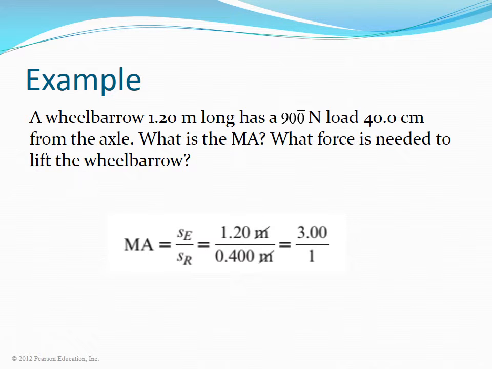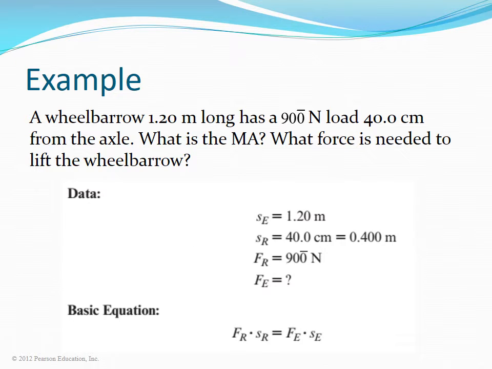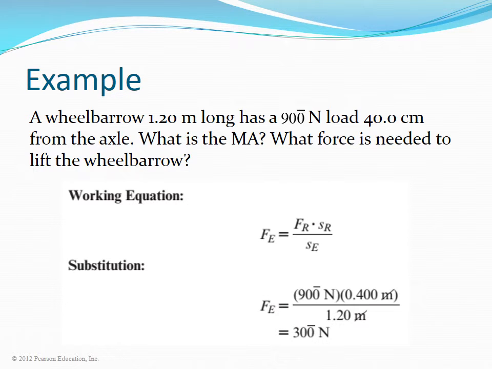The mechanical advantage is the effort arm divided by the resistance arm, which works out to be 3.00. Writing down what we know and the basic equation, we solve the basic equation to form the working equation, looking for the effort force. Substituting what we know gives an effort force of 300 Newton.